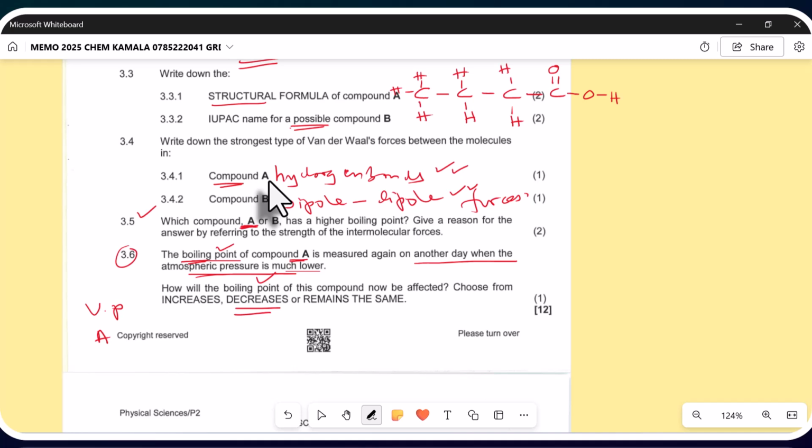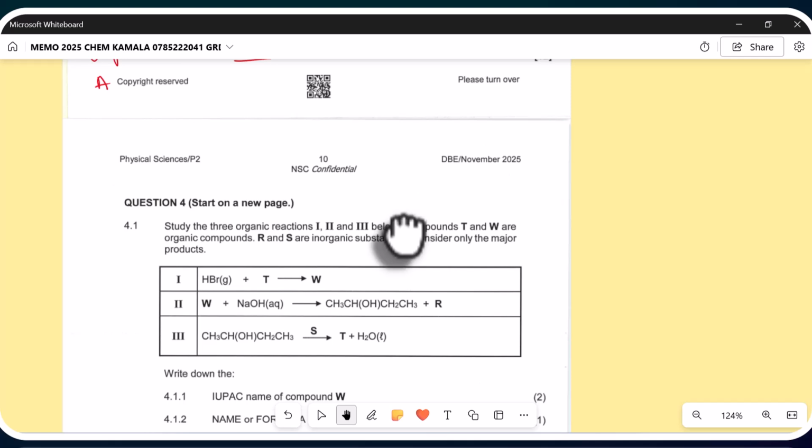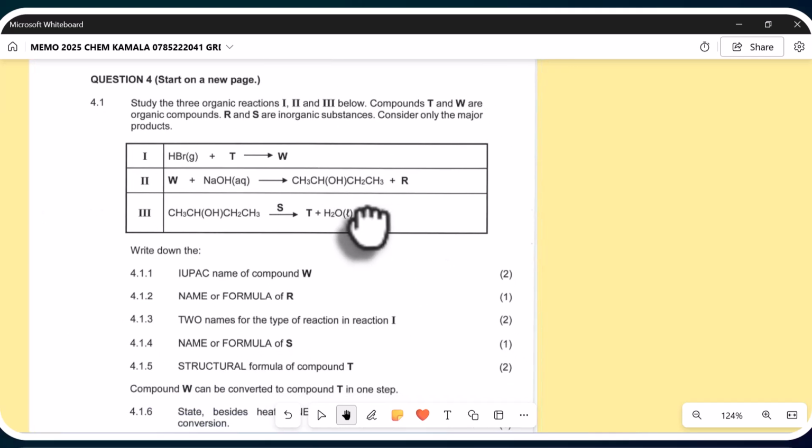Now this compound W, we see it is a product after adding HBr to T. But then the same W, when you react it with sodium hydroxide, they're getting this alcohol.